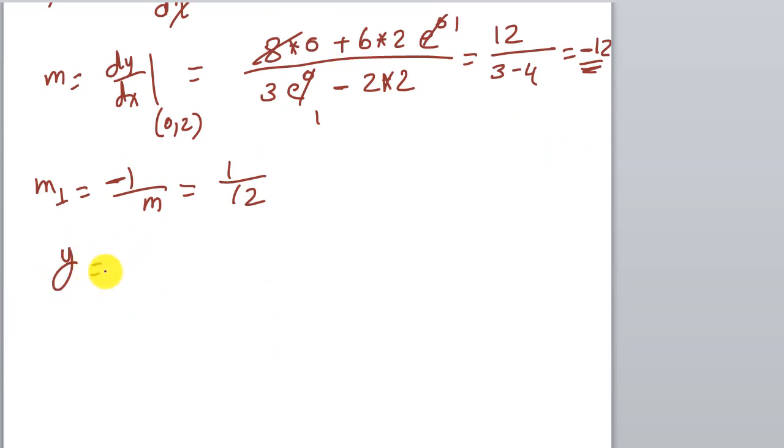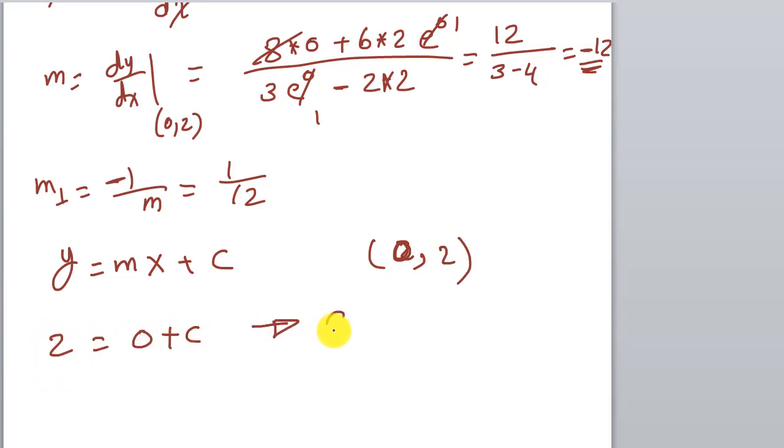So y equal to mx plus c. Again, we have point (0, 2). So 2 equal to 0 plus c. So from here, c equal to 2.